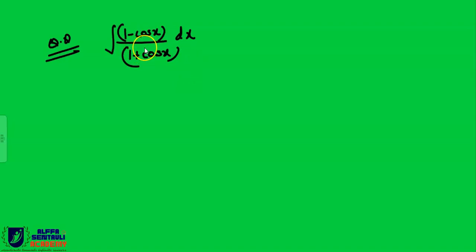See, this question you can solve, beta. I hope you can solve this, but how you will solve it can be written as... any idea? So I was thinking to substitute the value of 1 with cos square x minus sin square x.